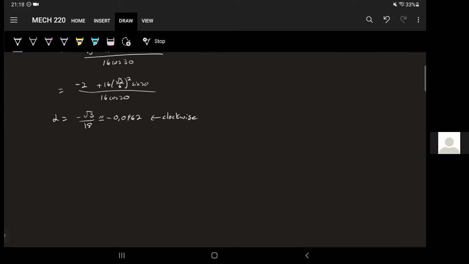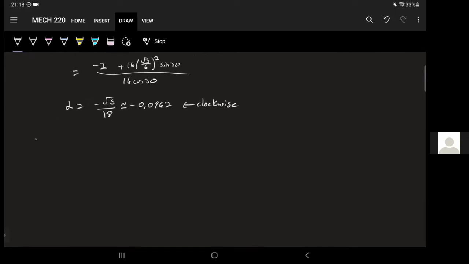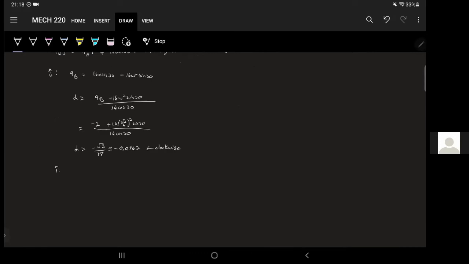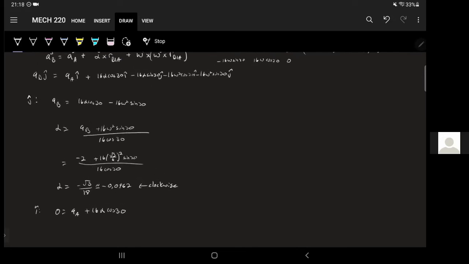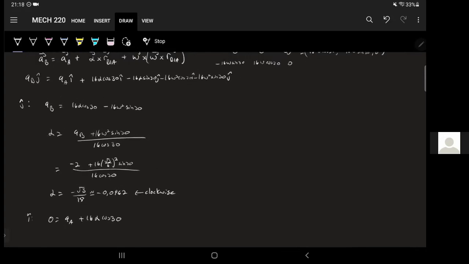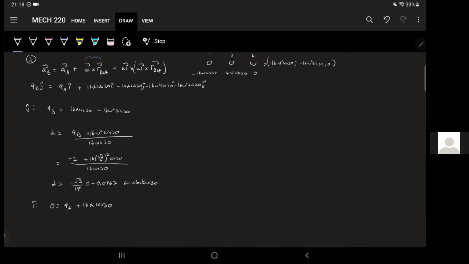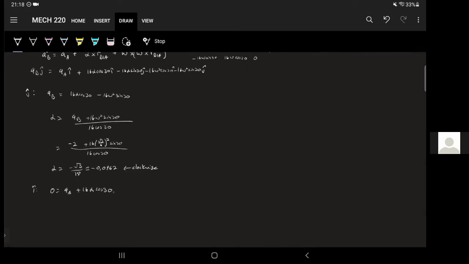And once I have this, I can equate the I-hat ones. From the I-hat, I know that it's going to be 0 equals AA plus 16 alpha cos 30. Did I? Yeah, I had 16 omega squared cos 30.